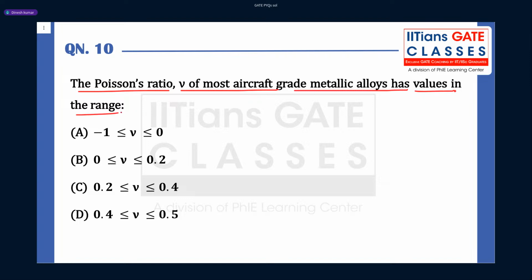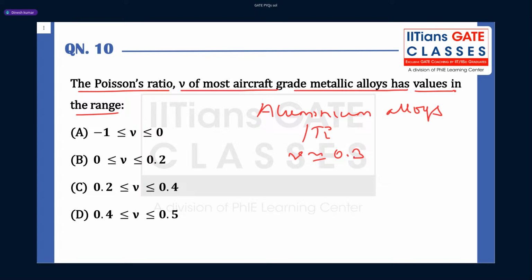Most aircraft grade metallic alloys are aluminum alloys, and usually for aluminum alloys or titanium alloys, both of which are ductile, nu is approximately 0.3. Now among all these four options, see in which option 0.3 lies.